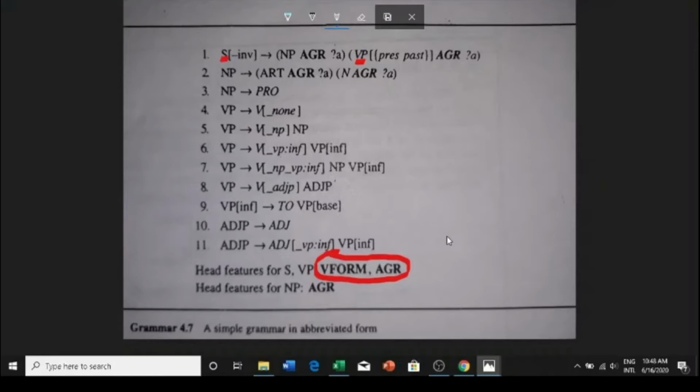Here it means that S and VP, even though they are not explicitly listed with these features, will share these features with common values. So whatever AGR as well as V form values VP takes over here will also be taken up by S. You might be remembering these things, and we will be using them now.